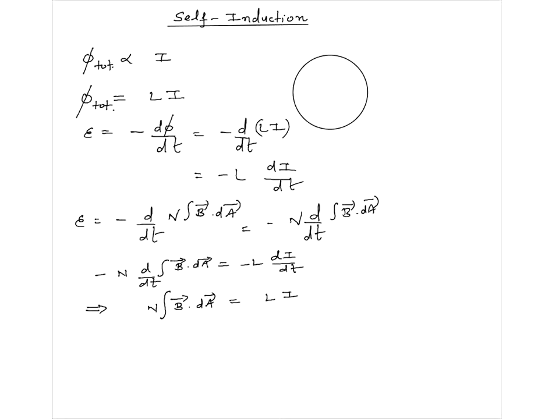So phi total is Li, and phi total is integral B dot dA basically, and if there are n turns, you can multiply by n. So using this, we can find L.